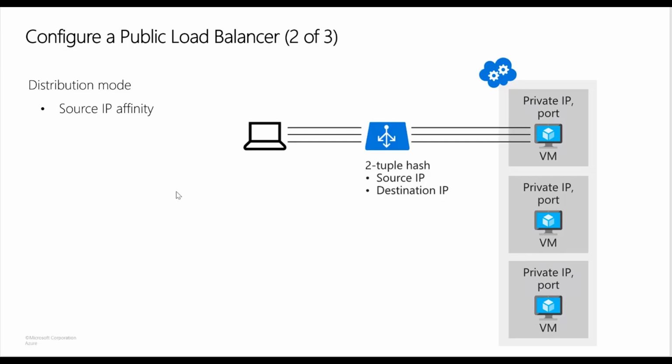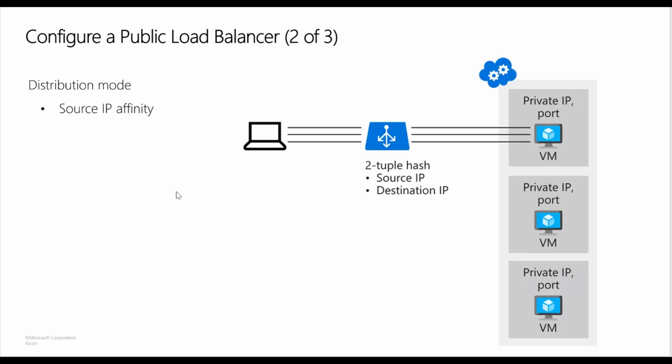The next one is source IP affinity. This distribution is known as session affinity or client IP affinity. To map traffic to available servers, the mode uses a 2-tuple hash, which only considers the source IP and the destination IP. Or sometimes it can also use a 3-tuple hash, which includes the source IP, destination IP, and the protocol type.